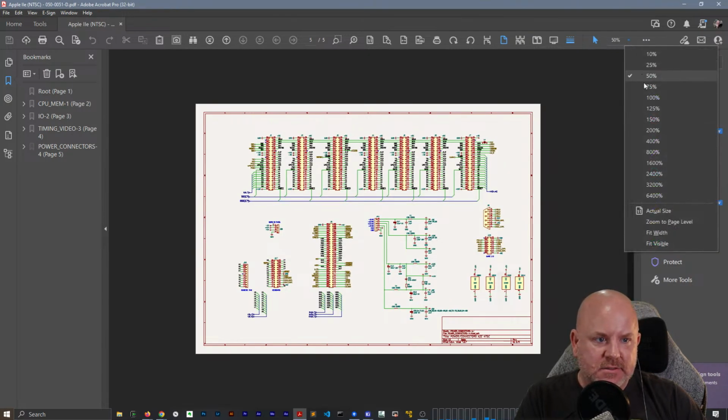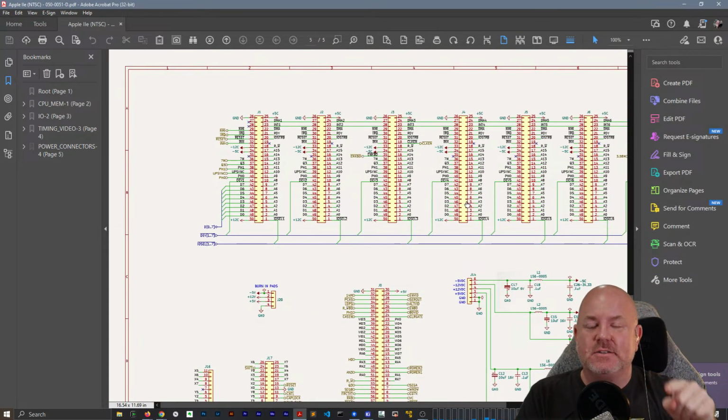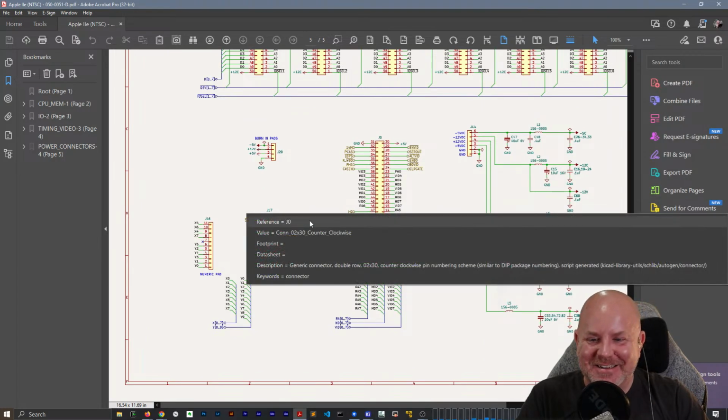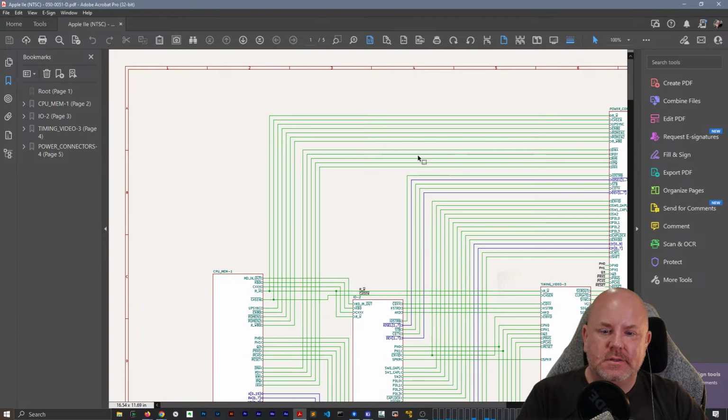So I found this when I was doing the Game Gear schematic or the 2C schematic, I don't remember which. And then when I was watching the Wayne update from KiCad last week, he mentioned this and I was like, oh, that's new, I didn't realize that. It's just nice because you get some additional context even though it's a PDF.